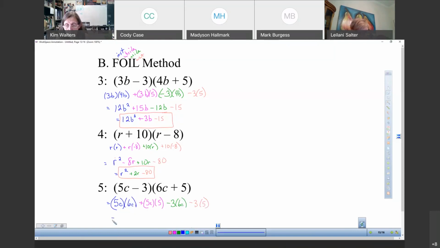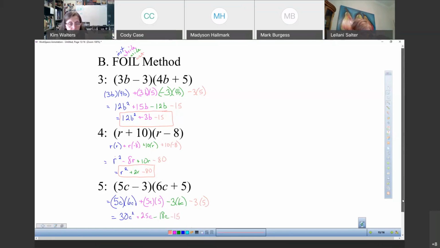Now term collection: 30C squared plus 25C minus 18C minus 15.